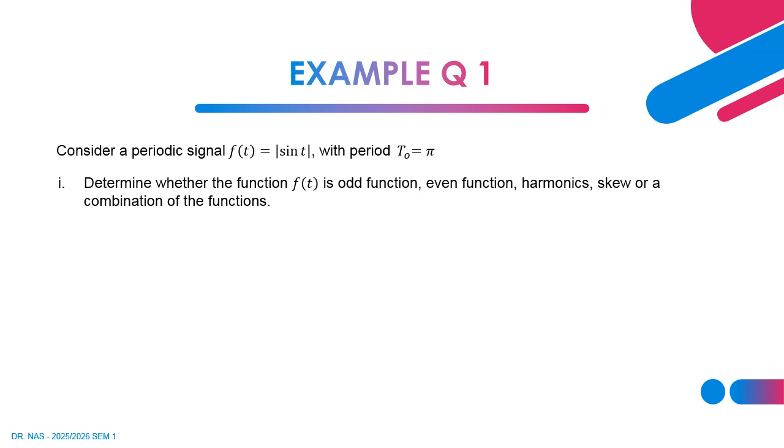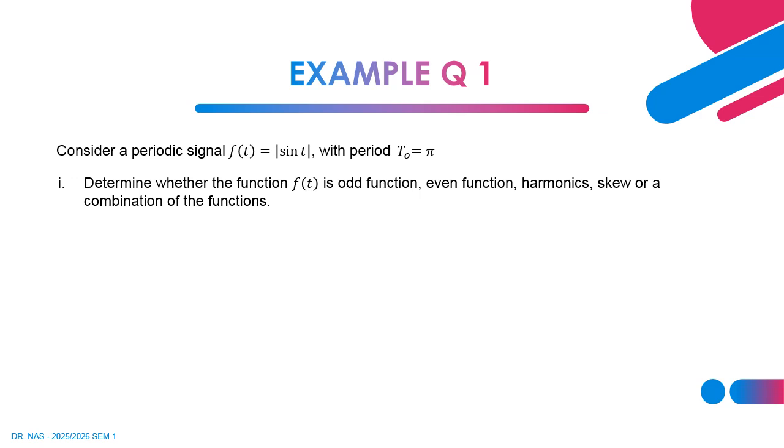In this discussion, I would like to use sketching as part of the solution. Basically, you should know how the sinusoid signal looks like. For sine t, it usually looks like this.